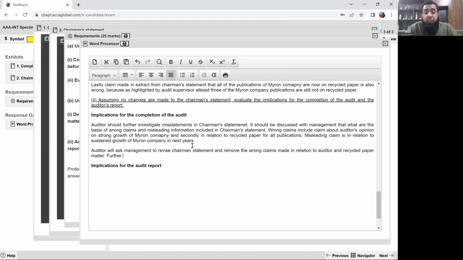Okay. Further, information relating to sale of the scientific publishing division should be added in chairman's statement so that a misleading impression relating to growth is not created.